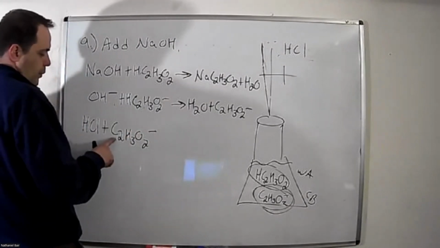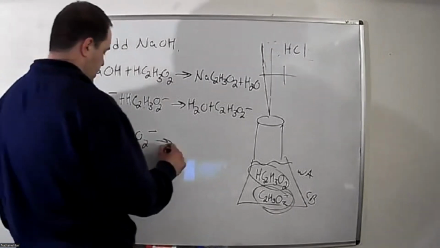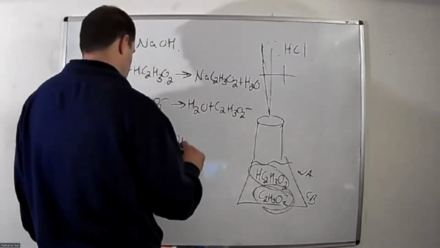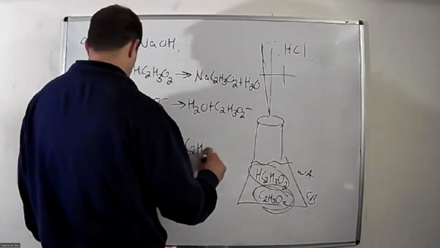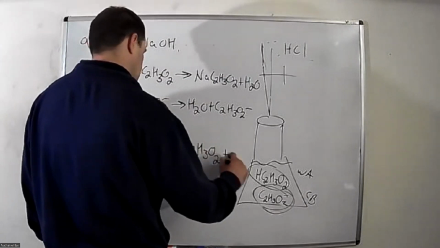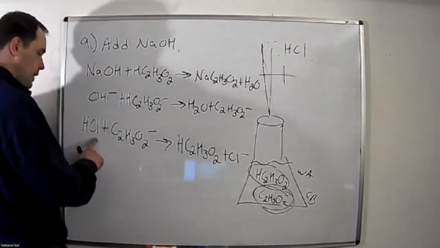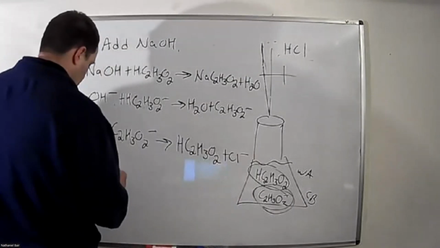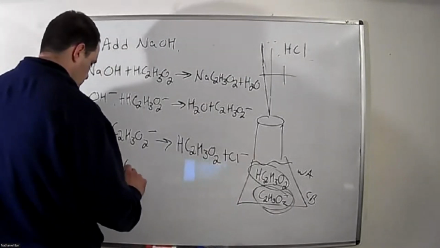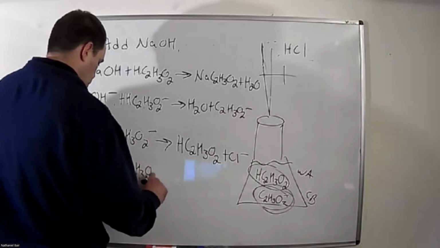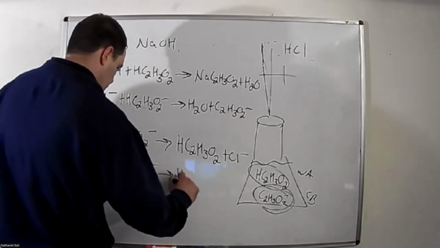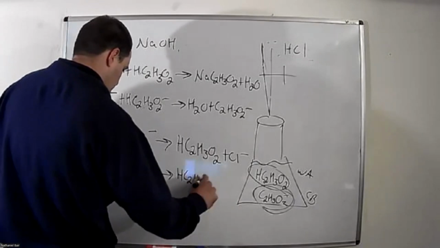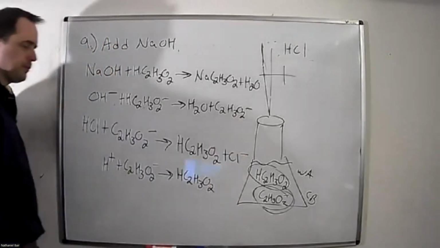The base is going to grab that hydrogen, and we will get HC2H3O2 and chloride. Now, you don't even have to show that chloride. Chloride is a spectator ion, so it's up to you whether or not you want to show it. That would be fine, too.